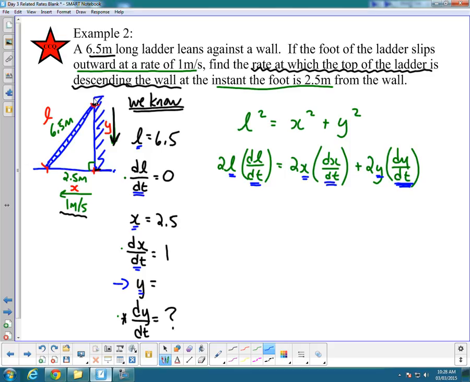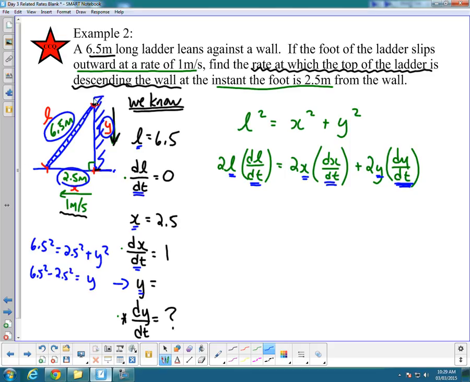So this is where I'll go back to the original question and recognize that to figure out y, I can use Pythagoras again. So I've got 6.5 squared, that's the hypotenuse, equals 2.5 squared plus y squared. Using this hypotenuse, this side, and my unknown. So a little bit of math here. It's going to be 6.5 squared minus 2.5 squared. You might have punched that in your calculator.